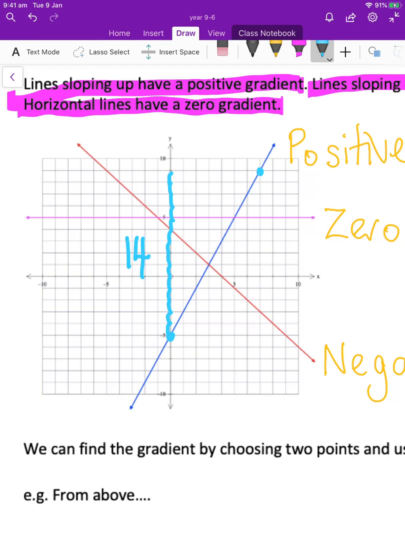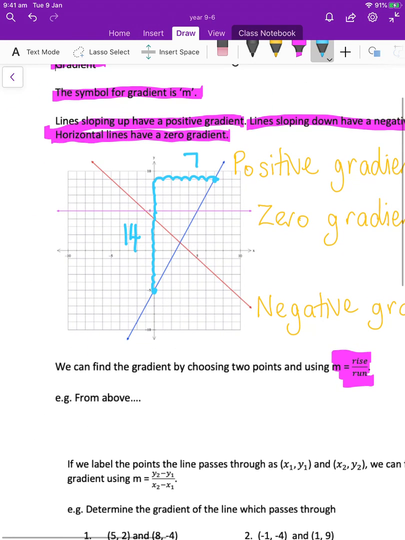I want to know how many units it runs along. So it runs 1, 2, 3, 4, 5, 6, 7 across. So if I go down and do my working out, for my blue line, the gradient will be rise, which is 14, over run, which is 7, and that simplifies to give 2.